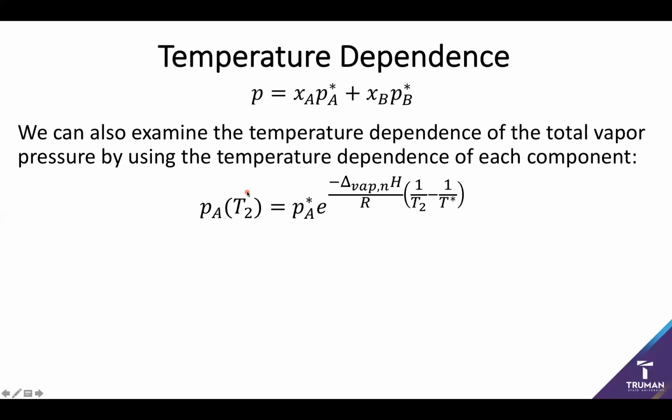And what we'll find is that we can use our expressions of the temperature dependence of a pure component, which we illustrated in the last chapter, where the vapor pressure at a temperature 2 can be related to the vapor pressure at our reference condition, often 298 degrees Kelvin, using the enthalpy of vaporization and the differences in temperature.